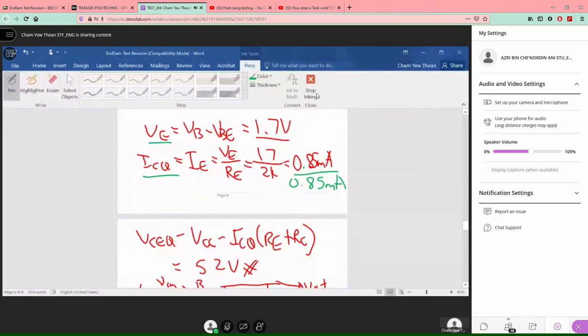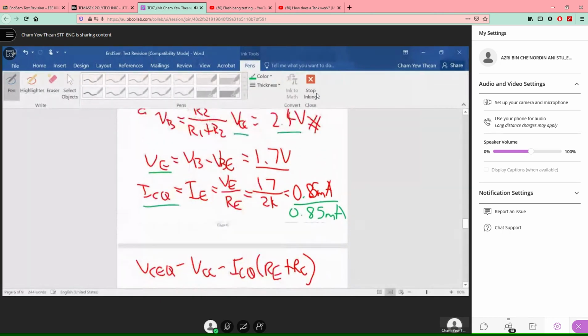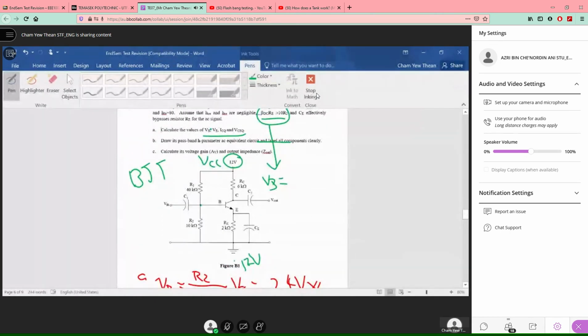Based on that, your VCEQ you can similarly calculate to be 5.2 volts, by taking KVL down this loop. So your VCEQ will be equal to VCC minus ICRC minus IERE.